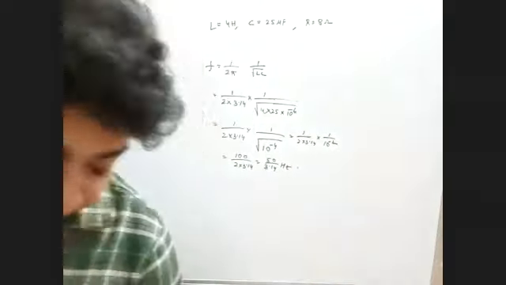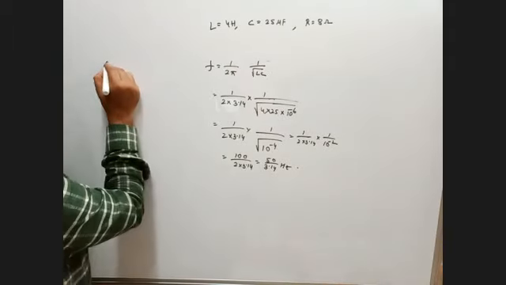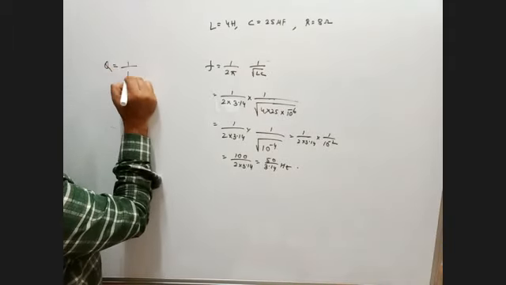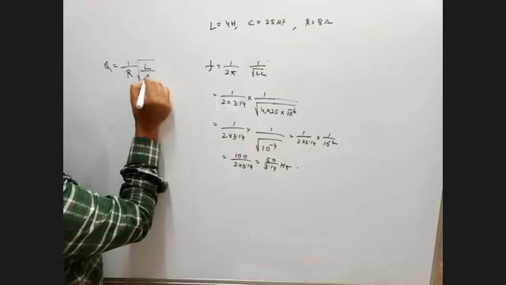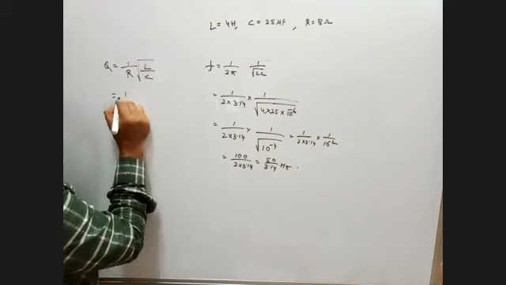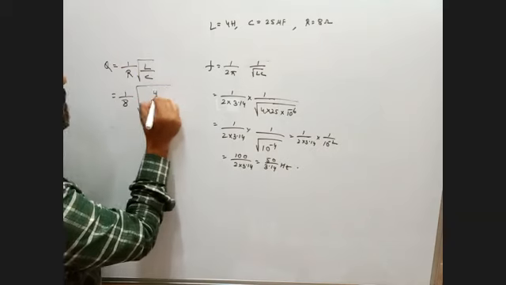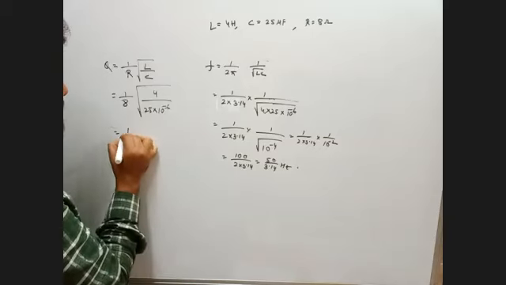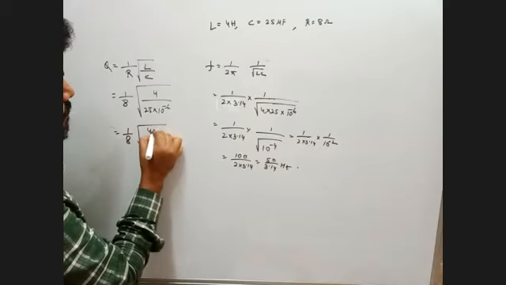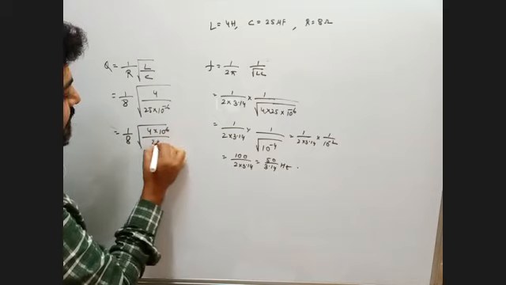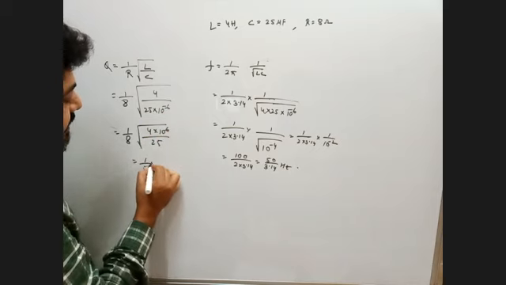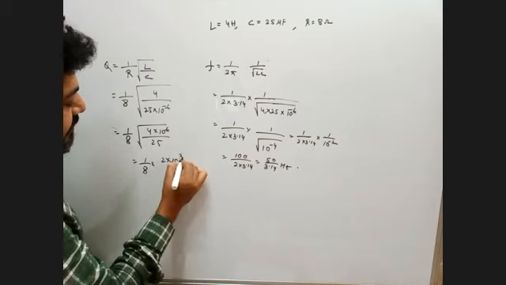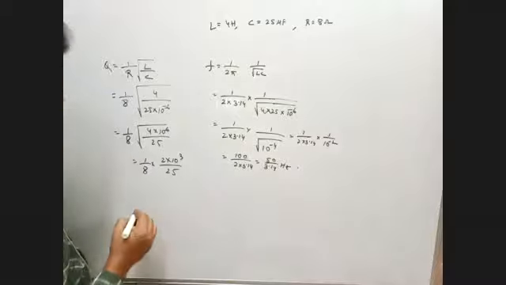Now the Q factor. Q factor is 1 by R root under L by C. So R is 8, L is 4, C is 25 into 10 to the power minus 6. That is 1 by 8, 4 into 10 to the power 6 by 25. That is 1 by 8, 2 into 10 to the power 3 by 25.